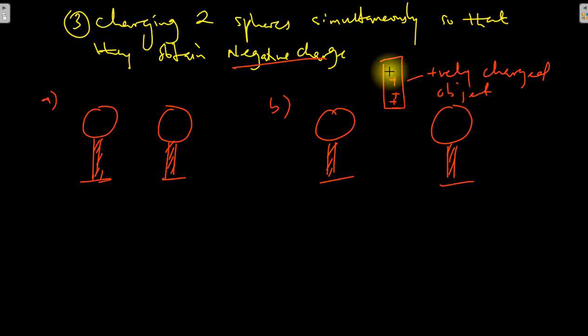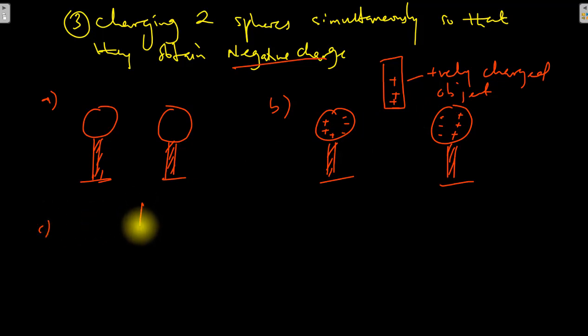When I bring the positively charged object, this part will become negative. This part will also become negative, because the positive charge attracts the negative charges in every sphere, and the positives are going to be repelled to the far end.